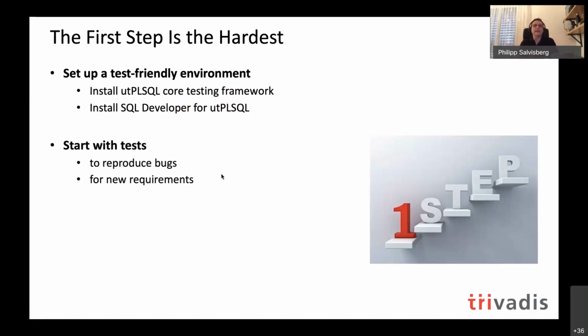And the second recommendation is, where do I start? My recommendation is to start with the very first step when you are going to reproduce bugs. That's what I've done. I think it's a good starting point because at a certain point you have to reproduce a bug anyway.